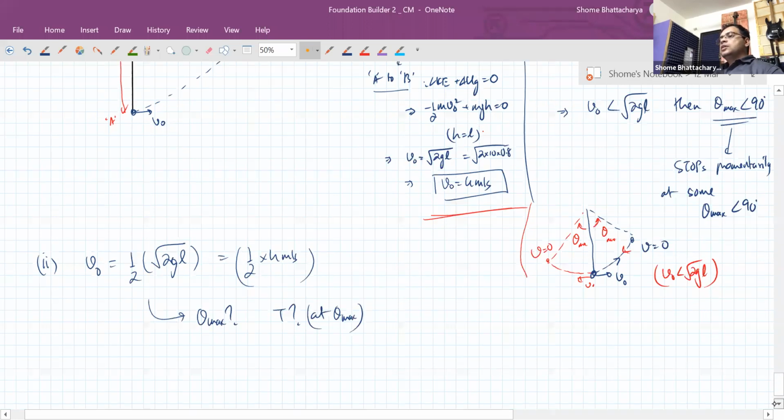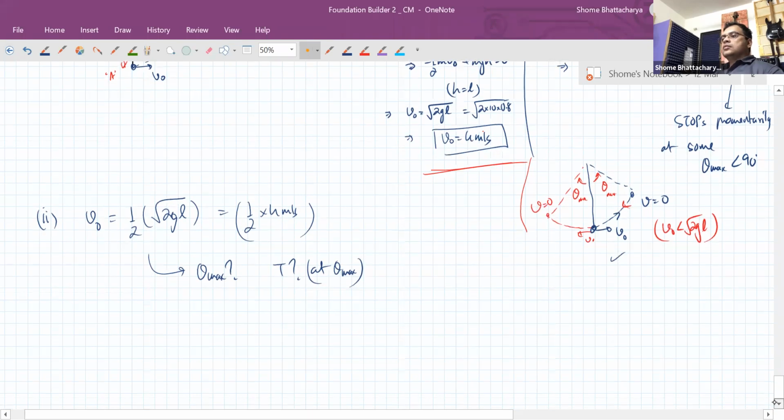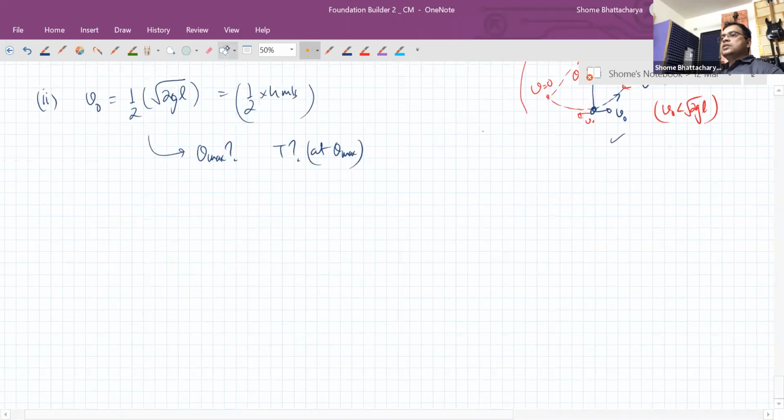This is what we have to see. Because v naught is less than root 2gL, it won't reach 90 degrees. So we start off the pendulum from here, but with a speed of less than root 2gL. Then by the time it reaches some acute angle theta, it will come to rest.